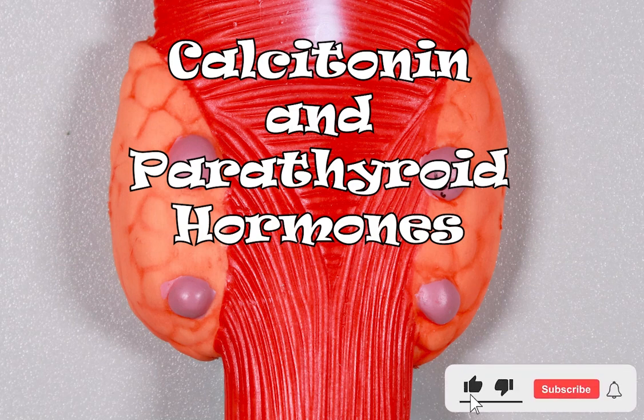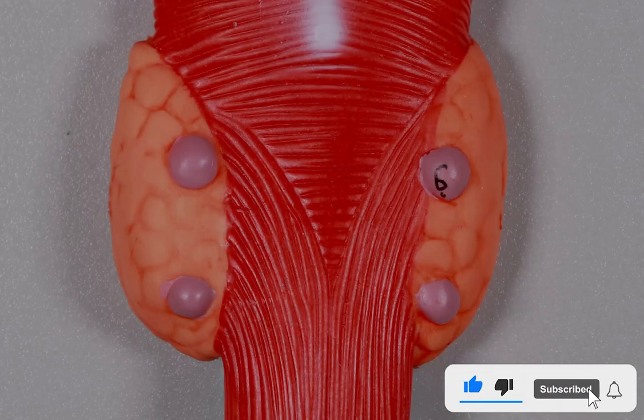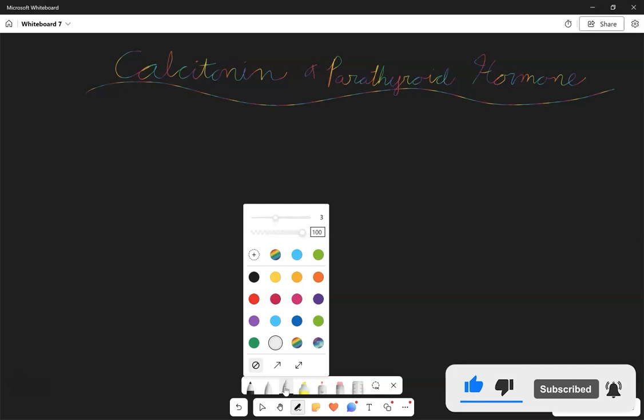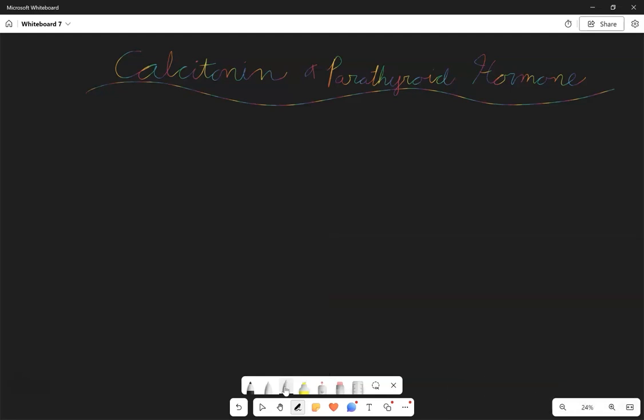We often talk about calcitonin and parathyroid hormone together in concert with one another because they are direct antagonists of one another, meaning they have the opposite effects. Calcitonin is released from the thyroid gland, right? And it is released from the parafollicular cells of the thyroid gland.